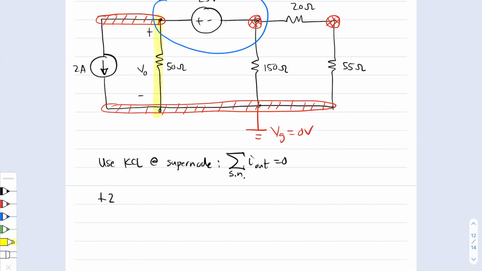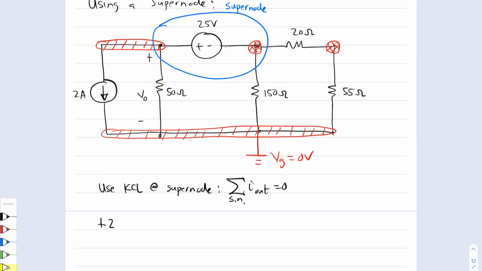We then have current flowing from there to there, and that current is, remember that with this as my ground node, this node is at node voltage V naught, so we have plus V naught minus 0 volts divided by the 50 ohms. Then we need to give this a label, so I'll call this node B. This is VB, just like we had previously.